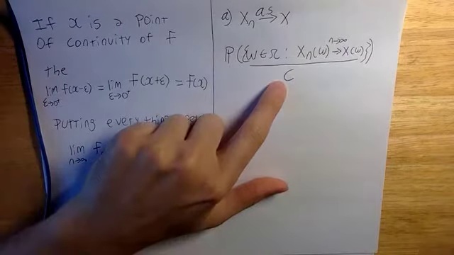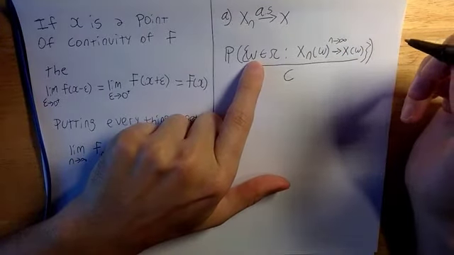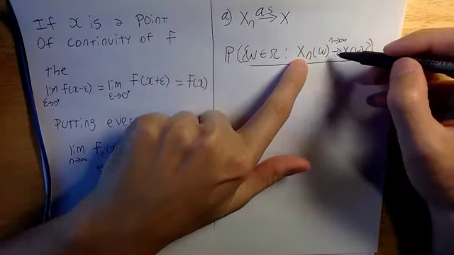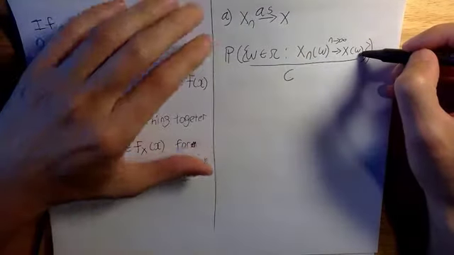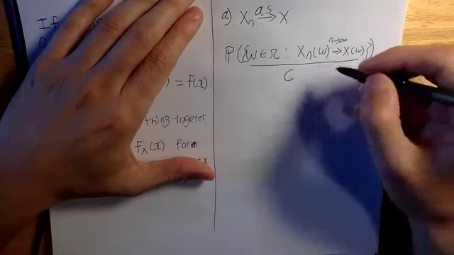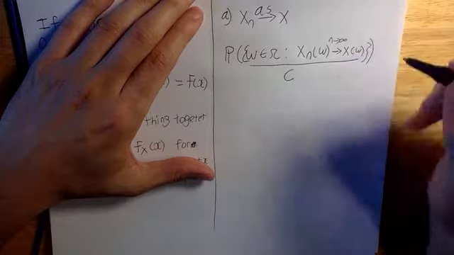C is all the points such that Xn of omega converges to X of omega. So what does it mean that Xn of omega converges to X of omega?